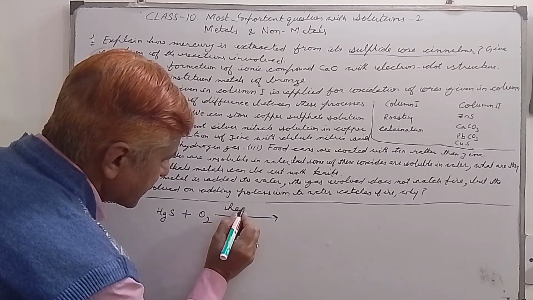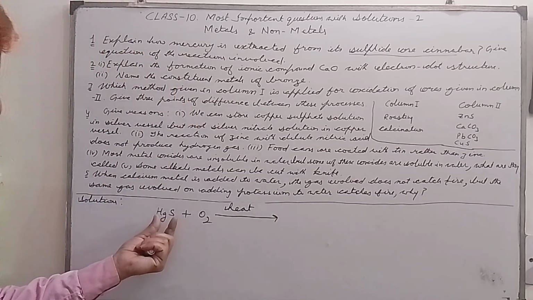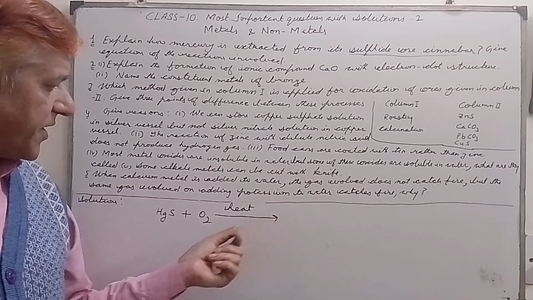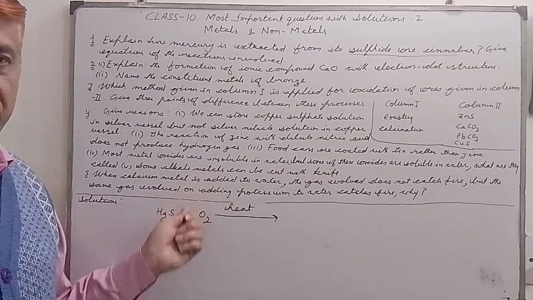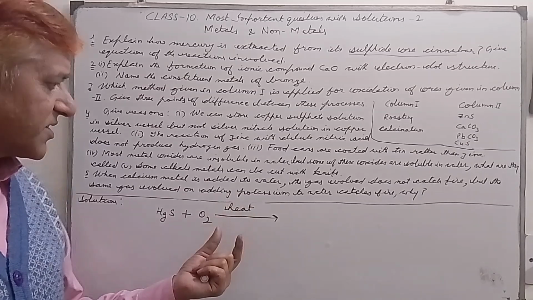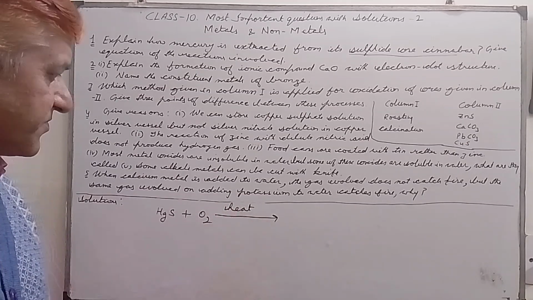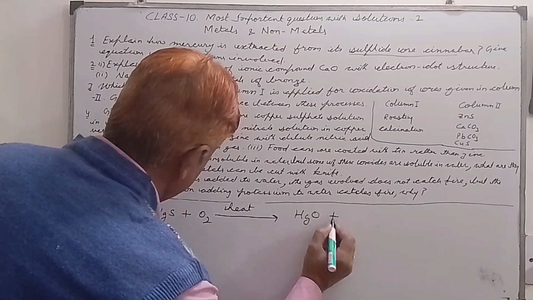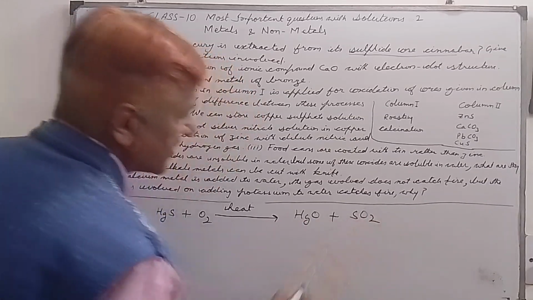Always remember that sulfide ores are converted into oxides by heating them in presence of oxygen, and this process is known as roasting. Please remember this is a very important process. So it will change into mercury oxide plus sulfur dioxide.